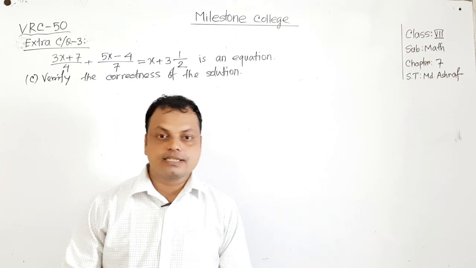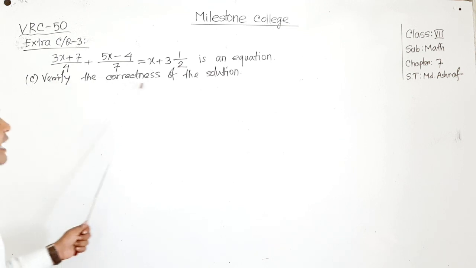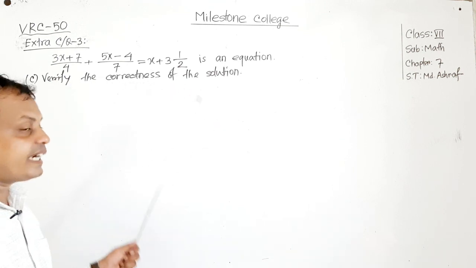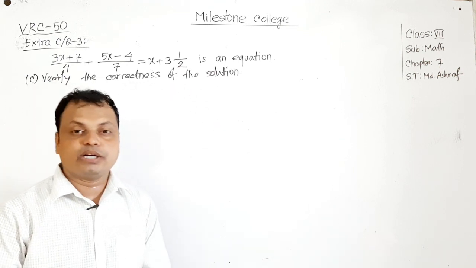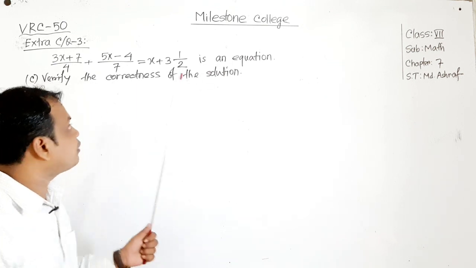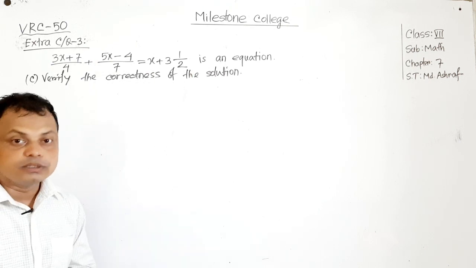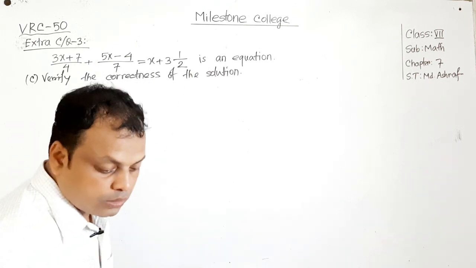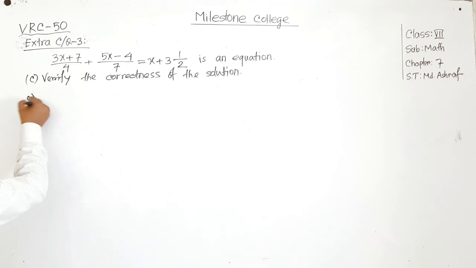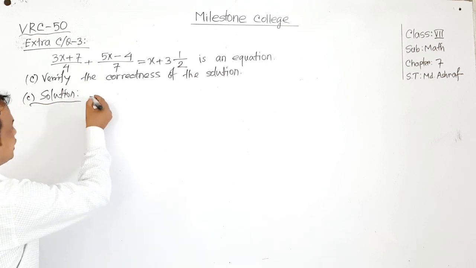Now another one, question number C. In C we will verify the correctness of the solution. That means in B we got the solution of the equation, x equals 5. Now for the result we will check the left-hand side and right-hand side. So start writing. C number solution, verification of correctness.